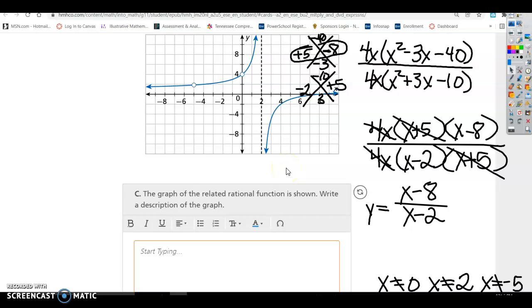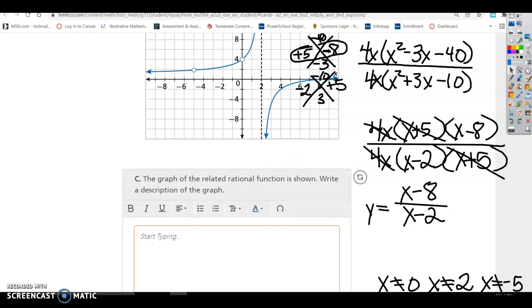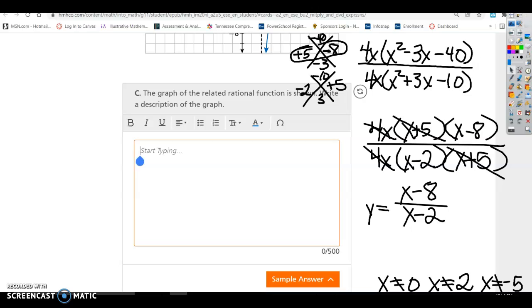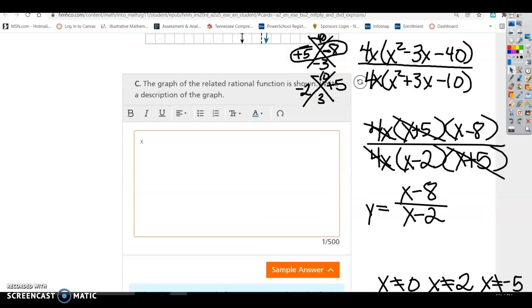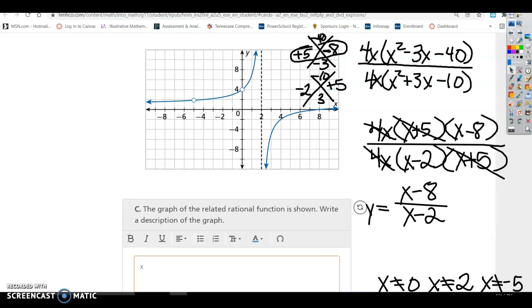So let's see what their answer says. Okay, it's 2 pieces, vertical asymptote at 2, graph has holes at -5 and 0, and there is a horizontal asymptote at y equals 1. Where's y equals 1?